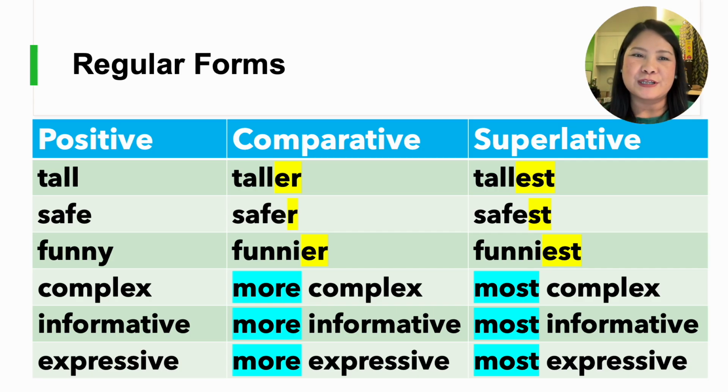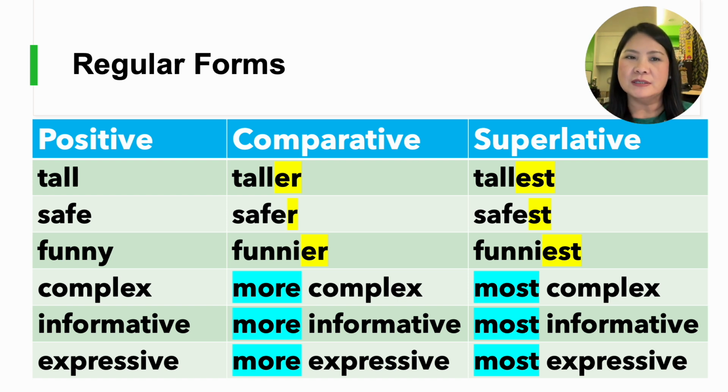Okay, we have here tall, safe. These are adjectives which are one syllable. If we have one-syllable adjectives, automatically we add "er" to form the comparative and "est" to form the superlative.